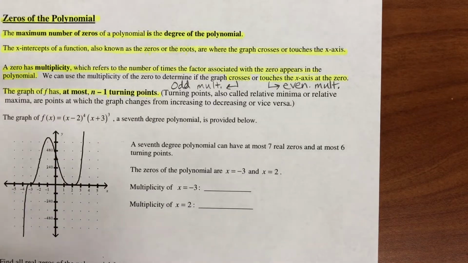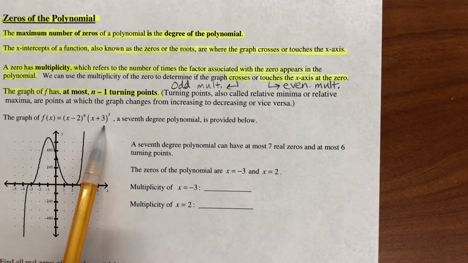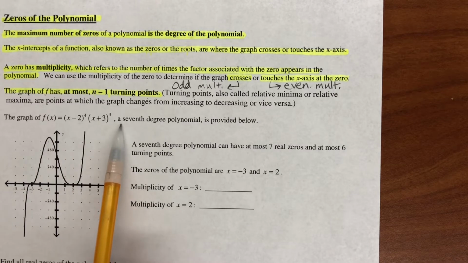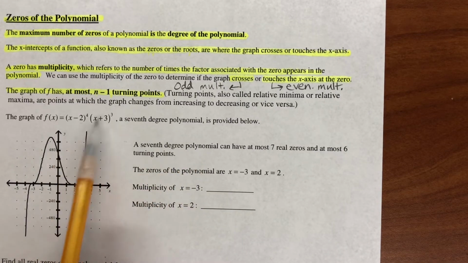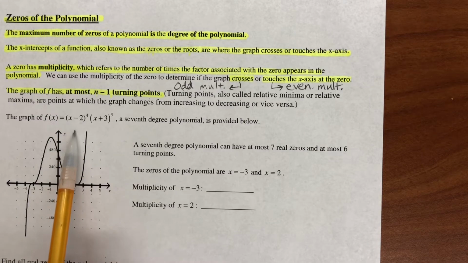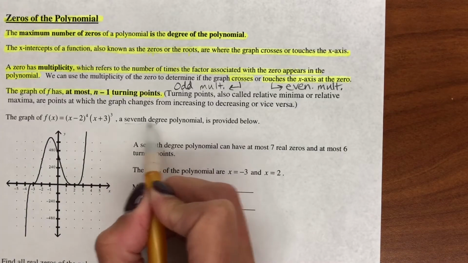Okay, so let's get into this. So here's our first example. It says the graph of f of x, and then there it's given to you, is a 7th degree polynomial. So if you were to expand all this, you would end up with x to the 7th of some form as a leading coefficient, because it tells us it's 7th degree there.